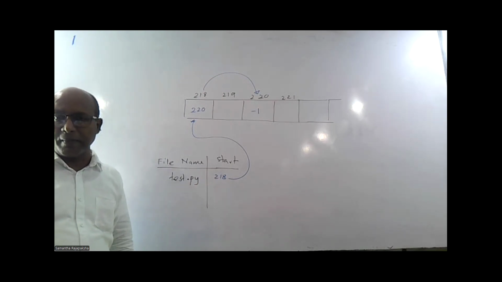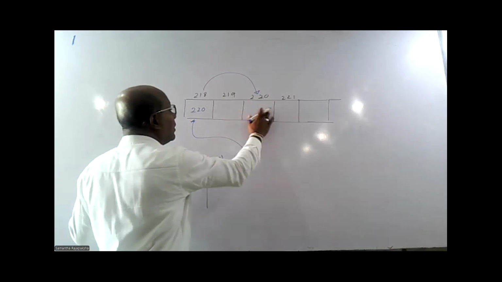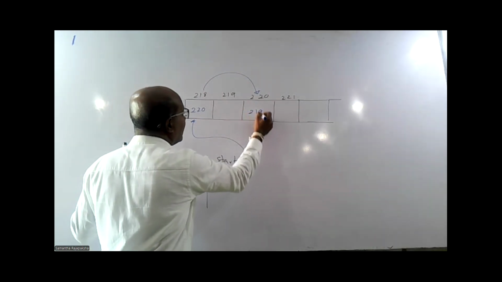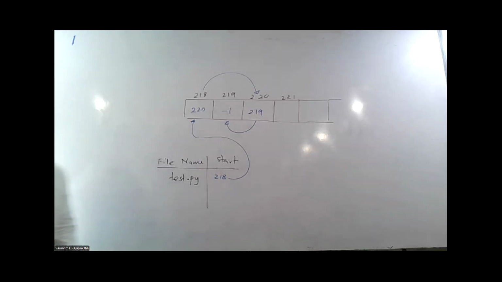Is that clear? Yes, sir. Now they are asking to use 219 also. Therefore, apply this at 219, create a pointer to that and make it minus. That's all. The first one is 218.